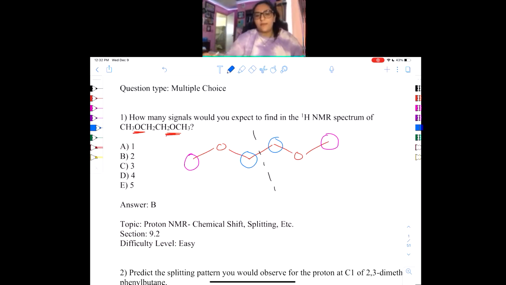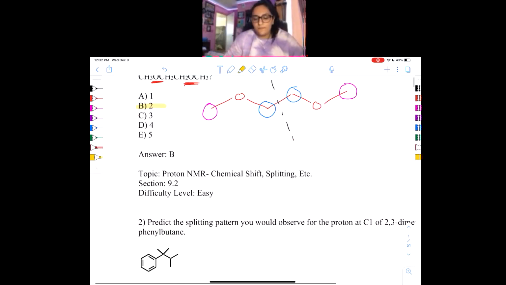This carbon and this carbon are the same. So how many hydrogen NMR peaks do we have? Two, perfect. And how many carbon NMR peaks would we have? Two, exactly. So they would be the same. Perfect.